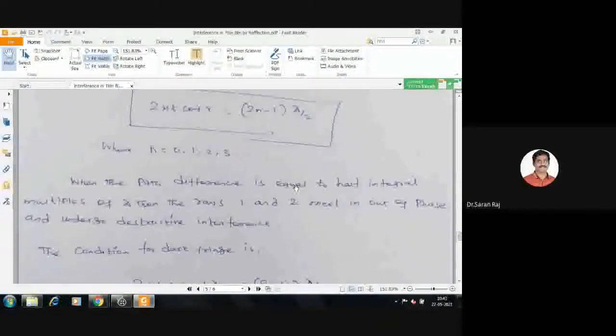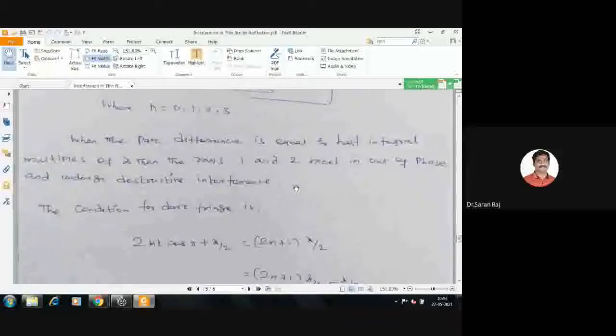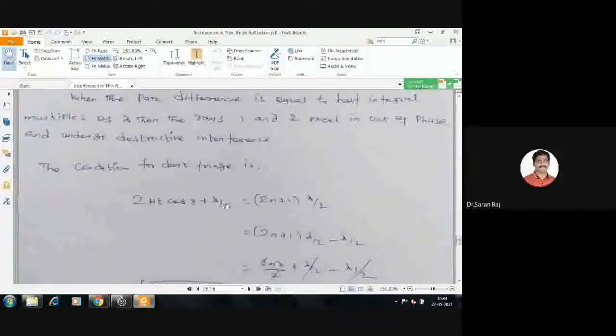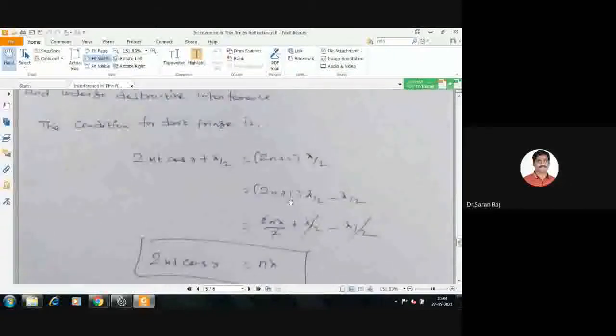So the condition for dark fringes: 2 mu t cos r plus lambda by 2, the total path difference, equals 2n plus 1 into lambda by 2. I write only 2 mu t cos r on the left hand side, and the remaining lambda by 2 moves to the right hand side as minus. So 2n plus 1 into lambda by 2 minus lambda by 2.